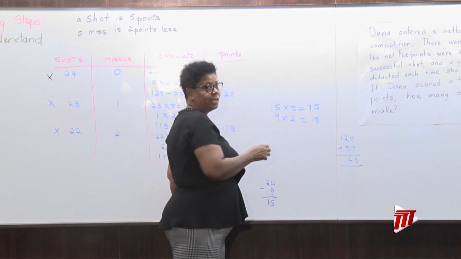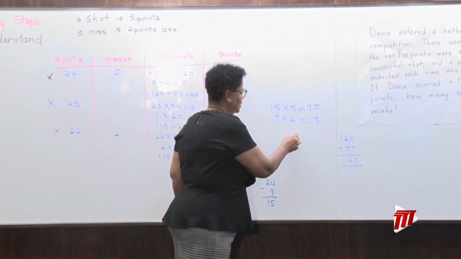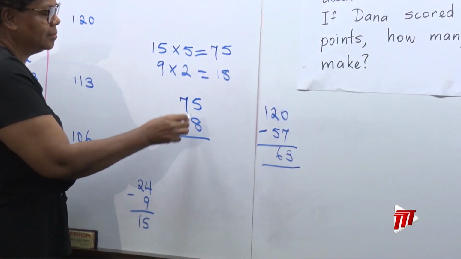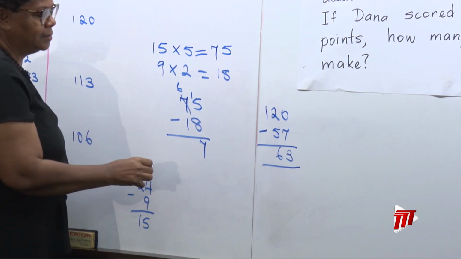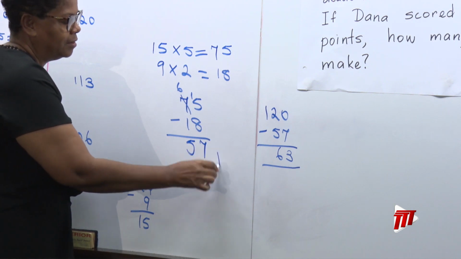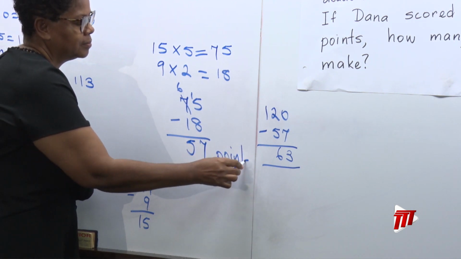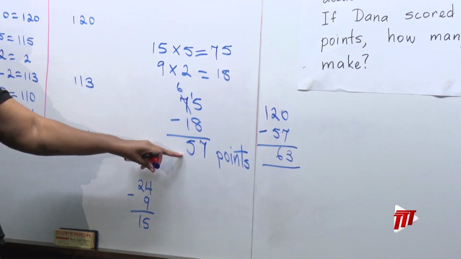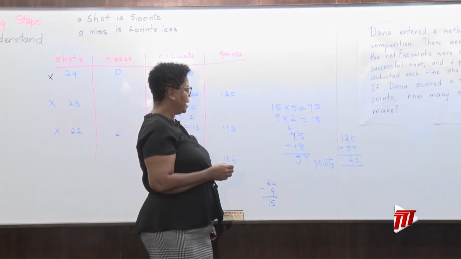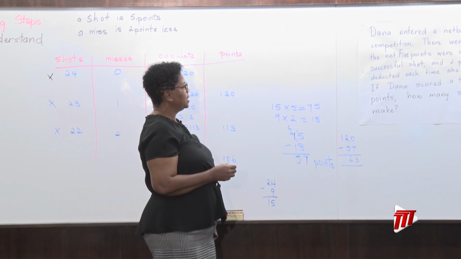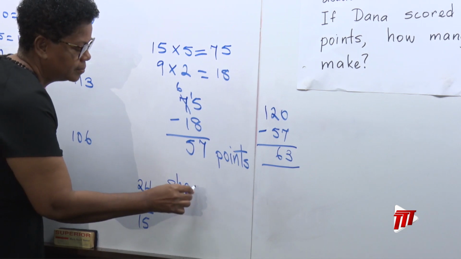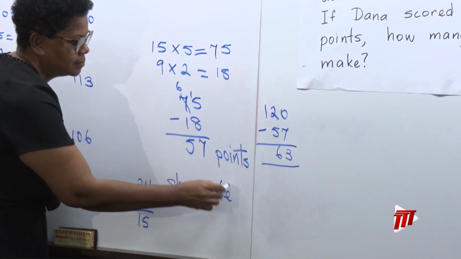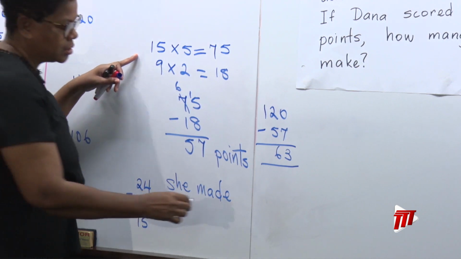So she would have lost 18 points. So 75 subtract 18 is 57 points. So we are correct. So then the question is, how many shots did she make? She made 15 shots.